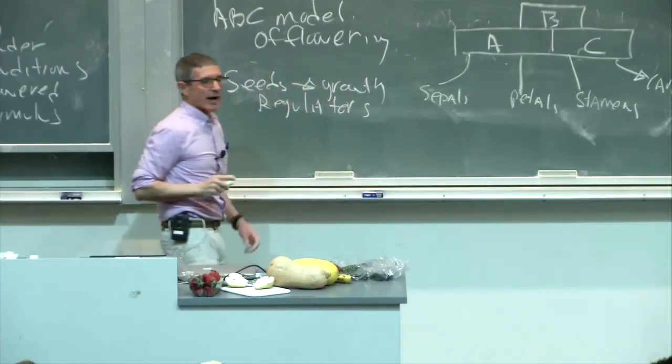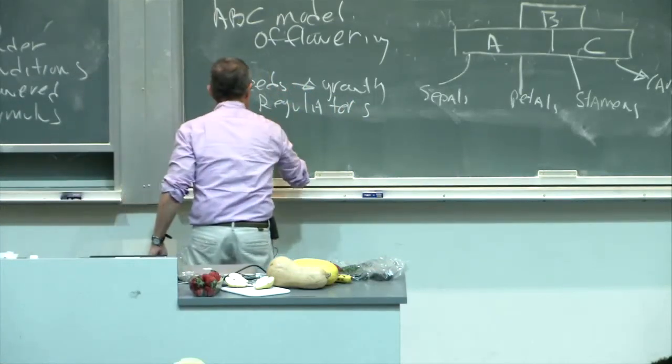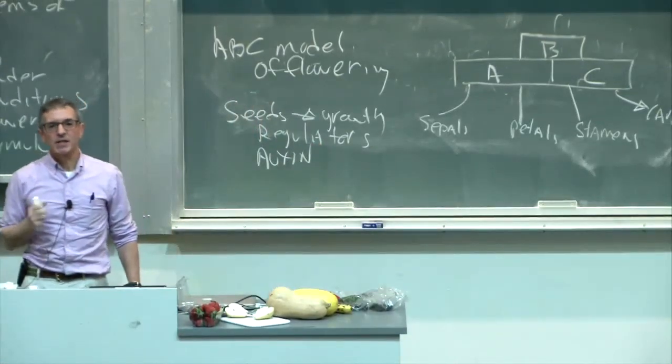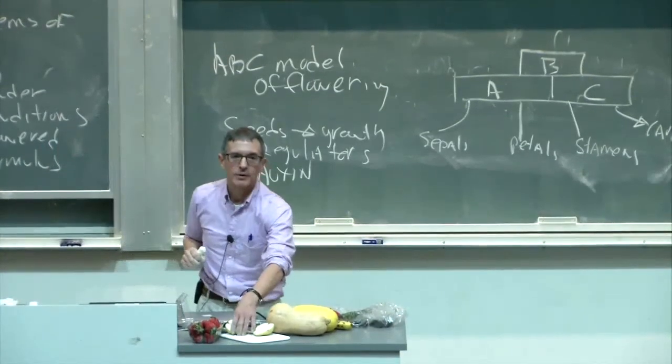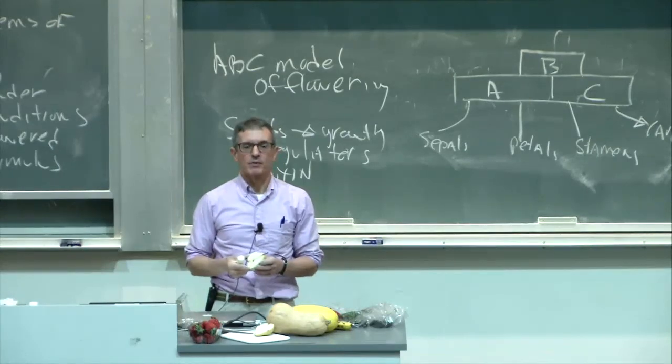And the one which attracted people's attention most was auxin. It was hypothesized that somehow the auxin was actually controlling both the shape of the fruit and its size. But how would you test that? What kind of experiment would you do?